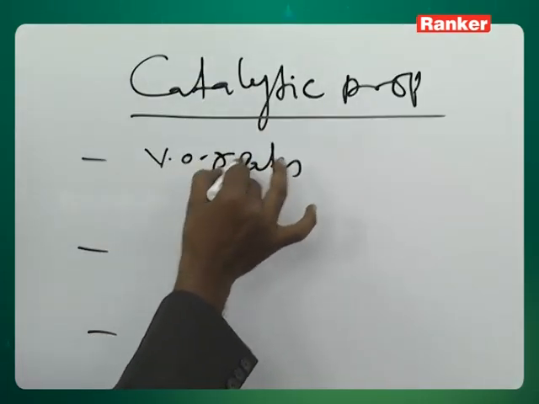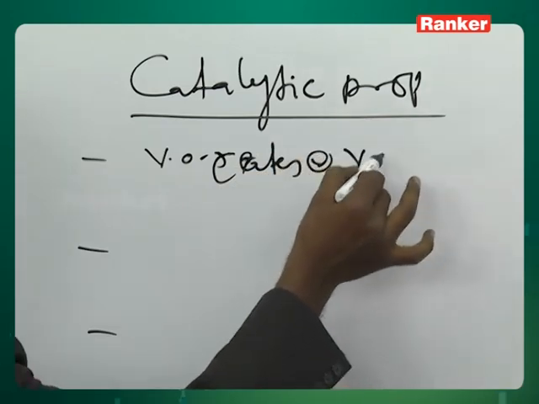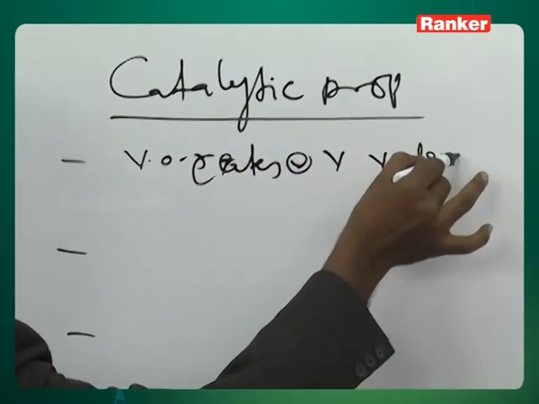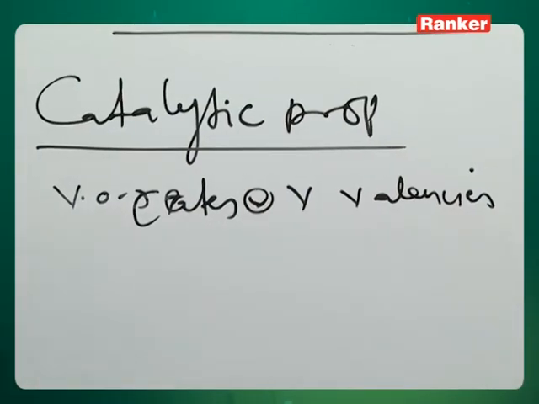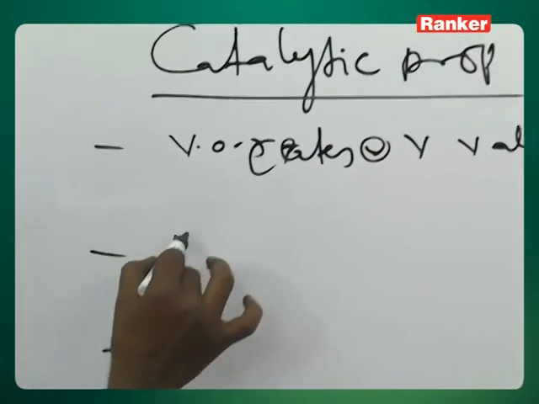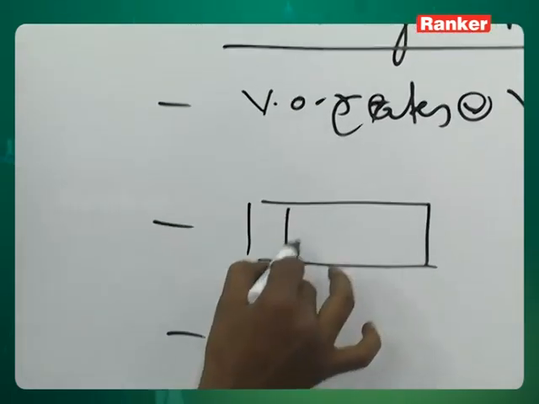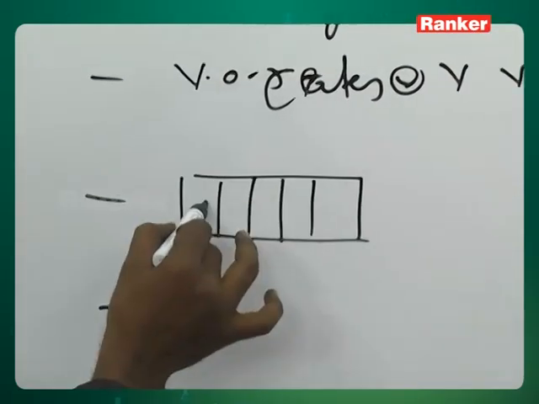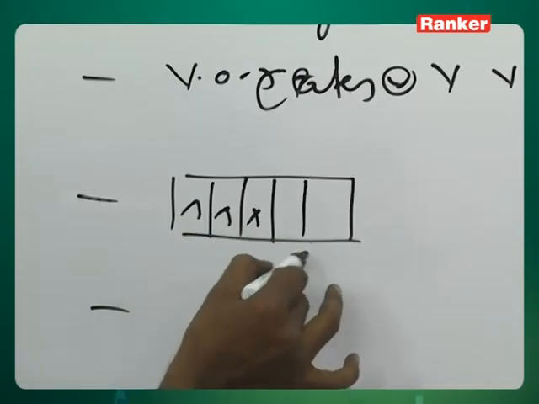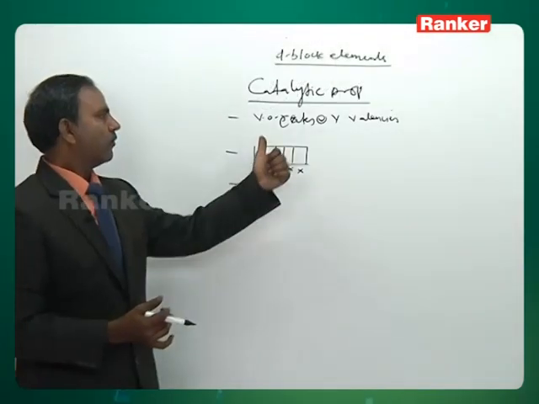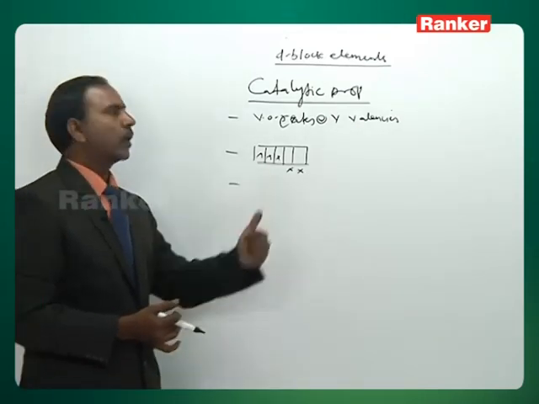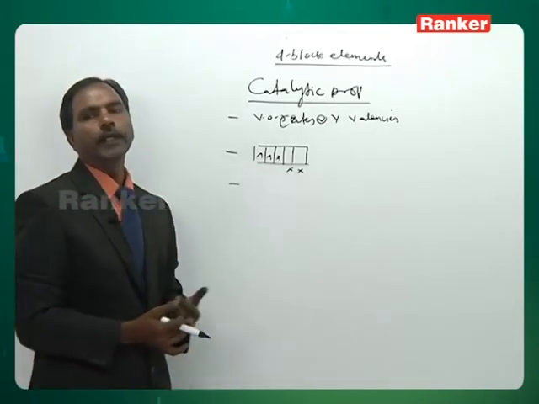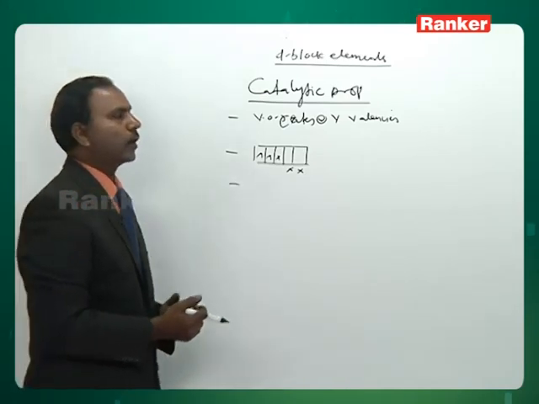Variable oxidation states or variable valencies. It is also due to the presence of unpaired electrons in d orbitals, or incompletely filled d orbitals.